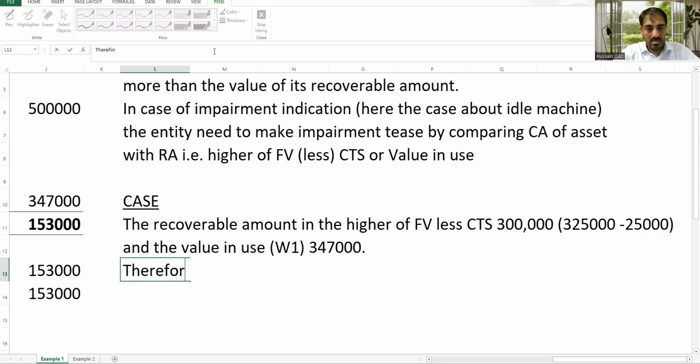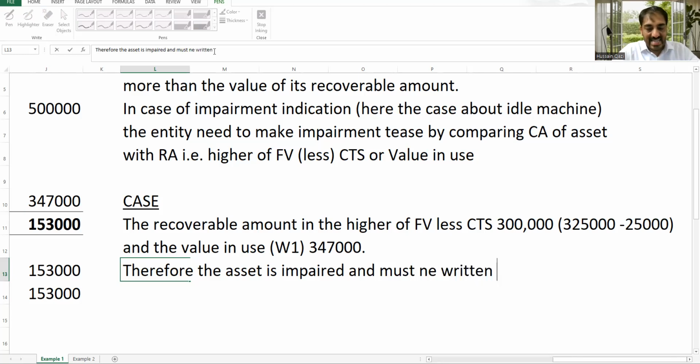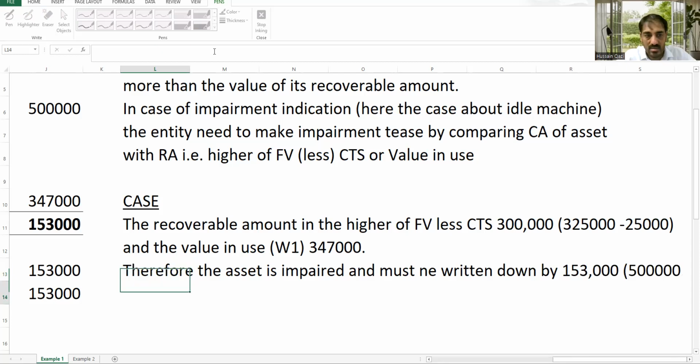Therefore, the asset is impaired and must be written down by 153,000, and you can mention here that's 500,000 minus 347,000.